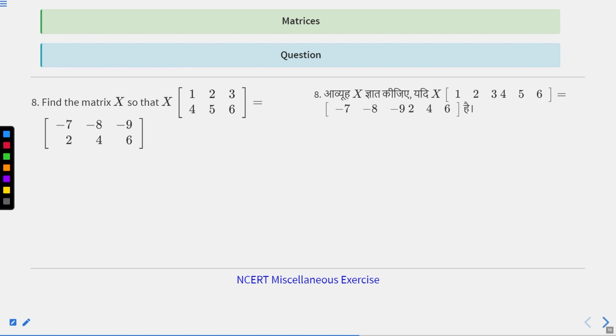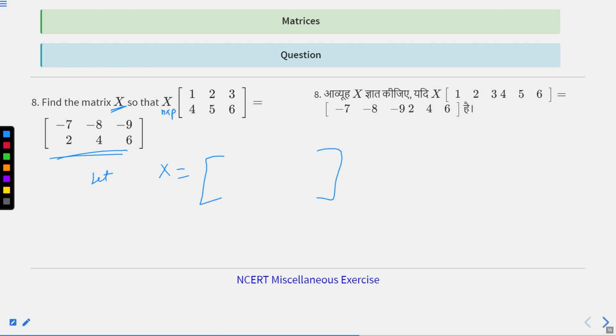The eighth problem says: find the matrix X so that X multiplied with this matrix will be the same as this. First of all, we have to decide its order, say n multiply p.